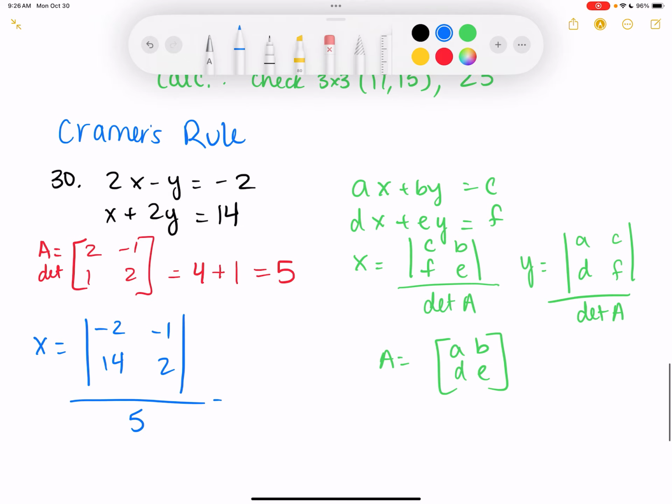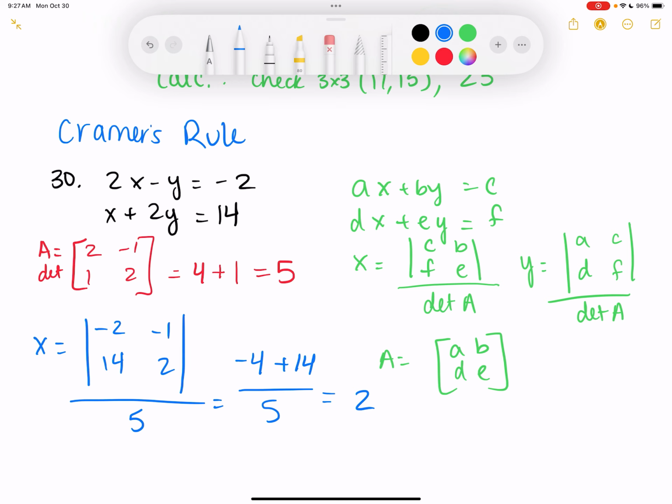So what is the determinant of this part up here? Yep. Over 5, which reduces to what? 2. So x is equal to 2.